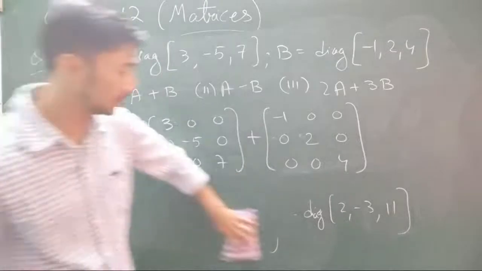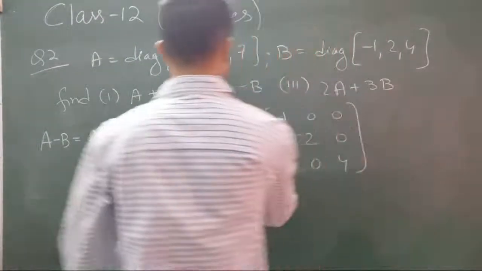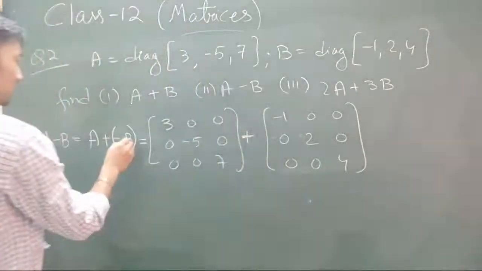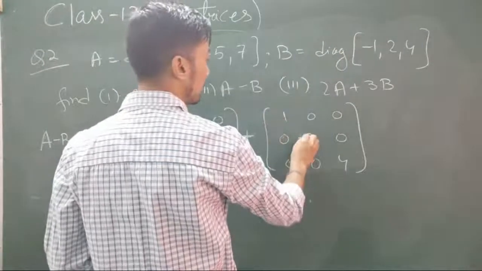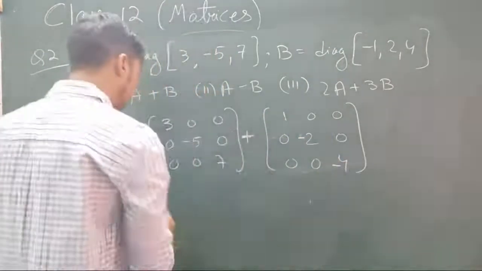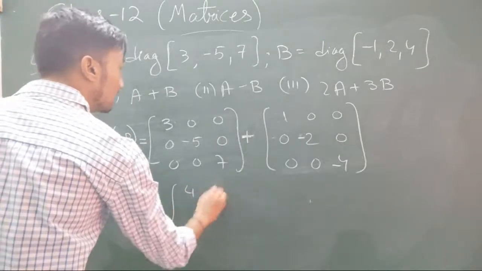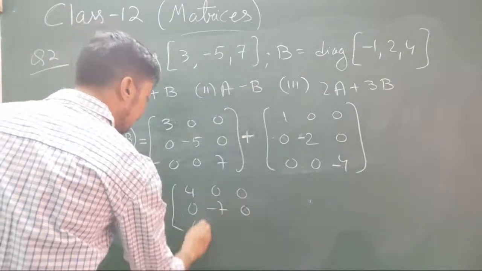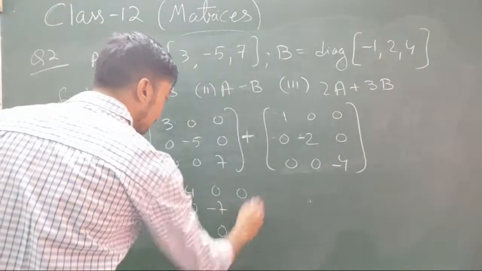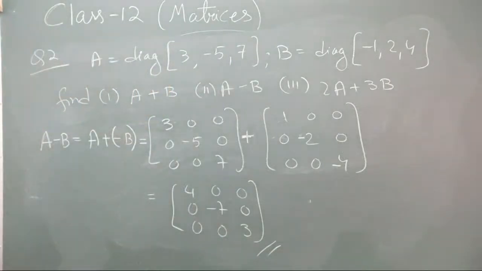So A plus minus B means minus of B. Now we just add: 3 plus 1 is 4, 0, 0, 0, minus 5 minus 2 is minus 7, 0, 0, 0, 7 minus 4 is 3. So A minus B is the diagonal matrix 4, minus 7, 3.